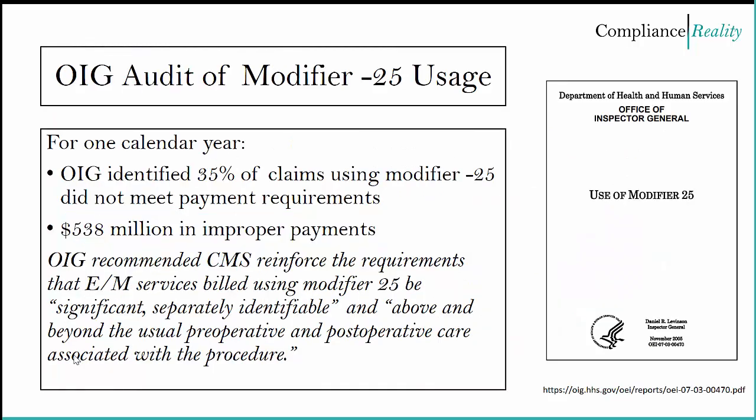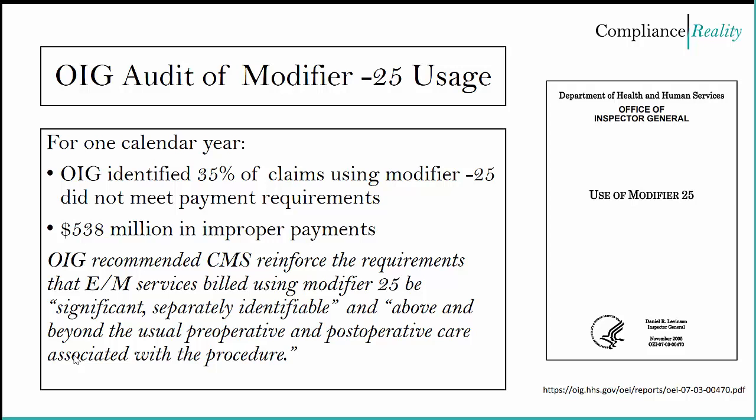Well, over the years, they've done various audits and investigations. This slide is about a report that they published on use of Modifier 25. They looked at one particular calendar year, and in that one calendar year, for those sample claims, the OIG identified 35% of claims using Modifier 25 did not meet the payment requirements.